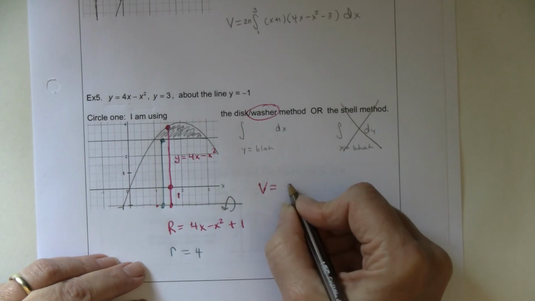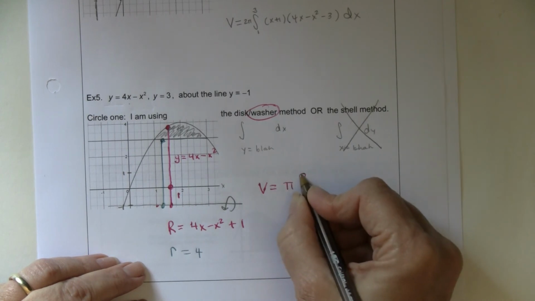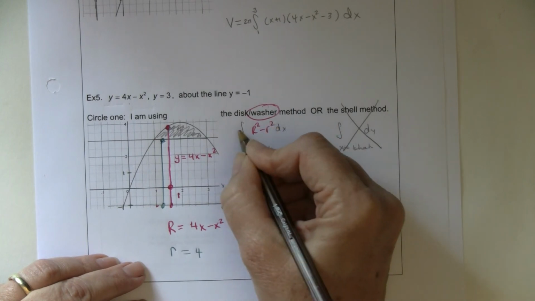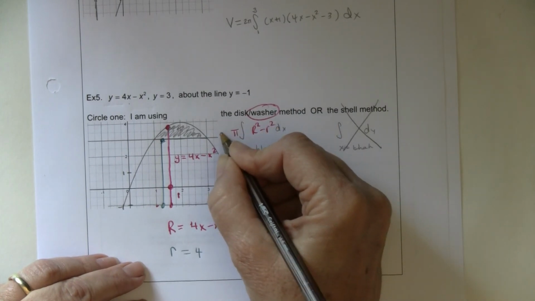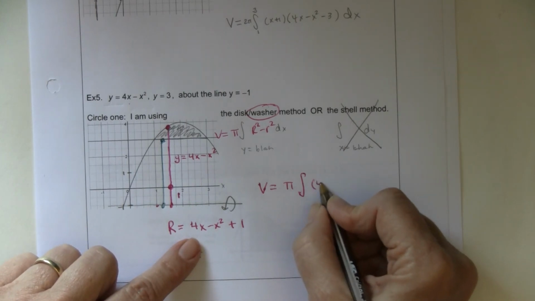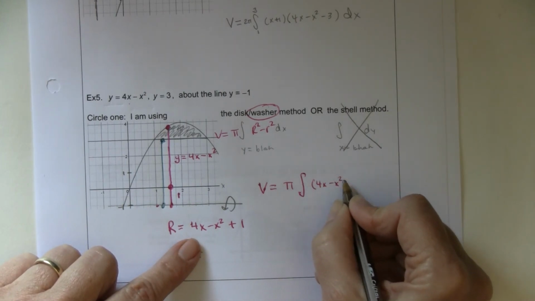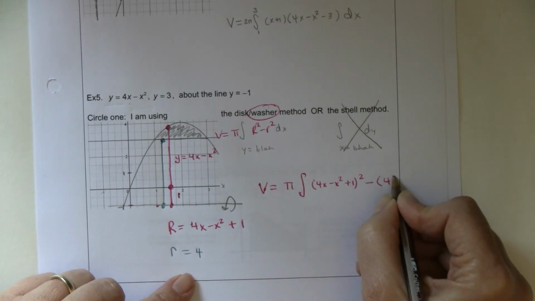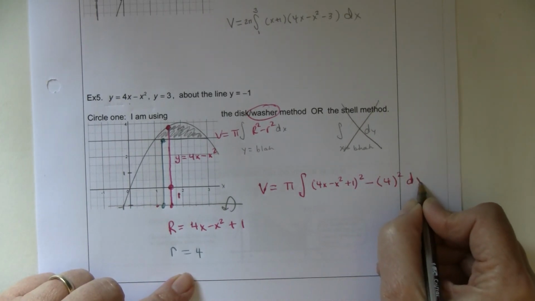So the volume equals pi integral. Remember, it's big R squared minus little r squared, times pi. And so we're going to have here 4x minus x squared plus 1, squared, minus 4 squared, dx.